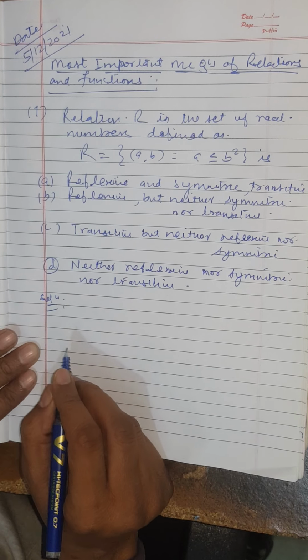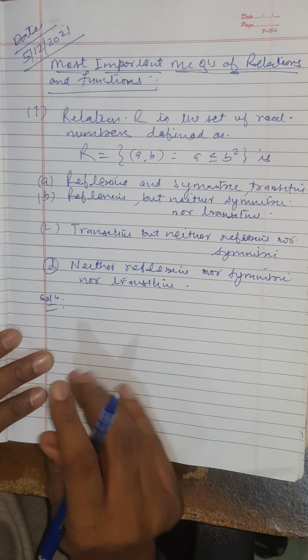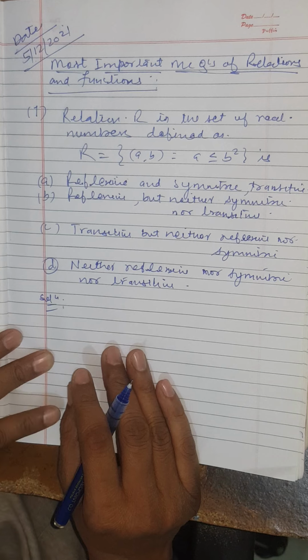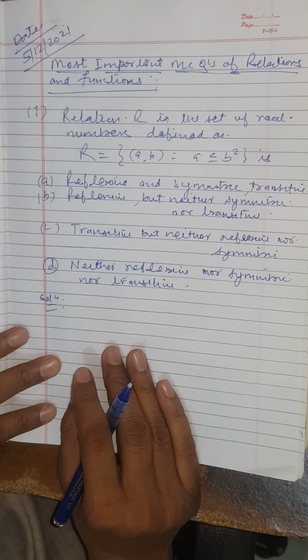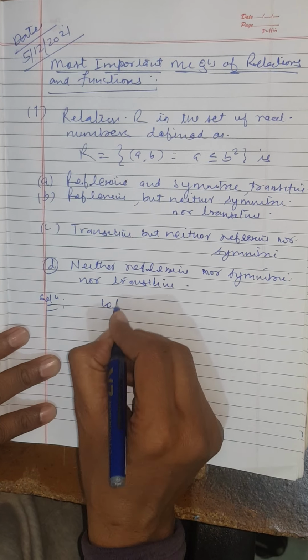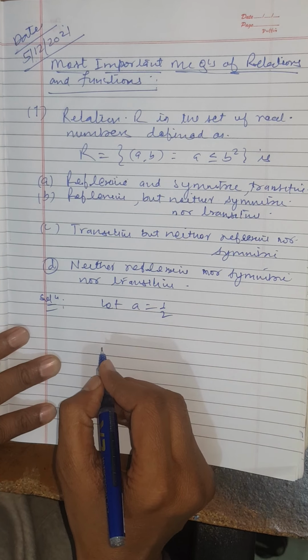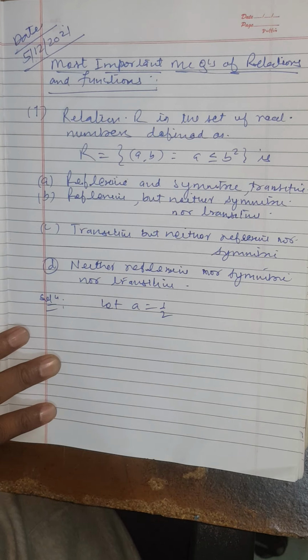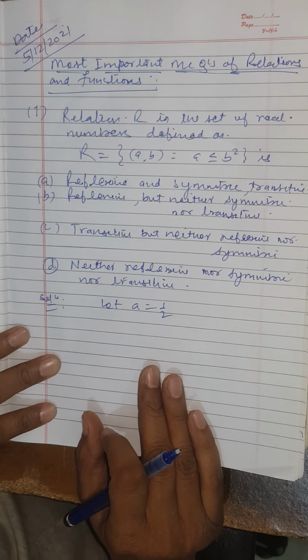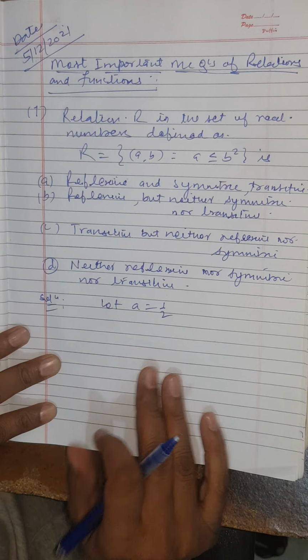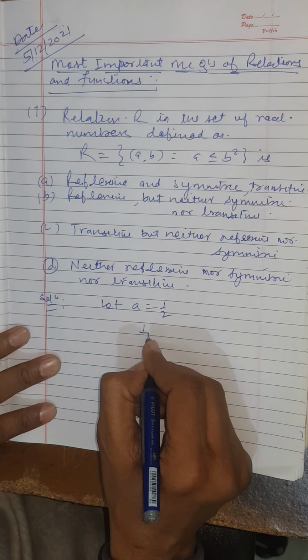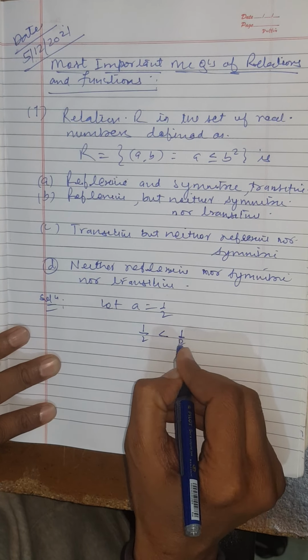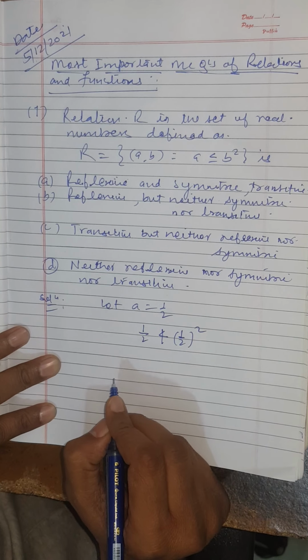Solution. First of all, we have to check for reflexive. Let us take a is equal to 1/2 and check whether the relation exists or not. We see that here 1/2 square does not exist.